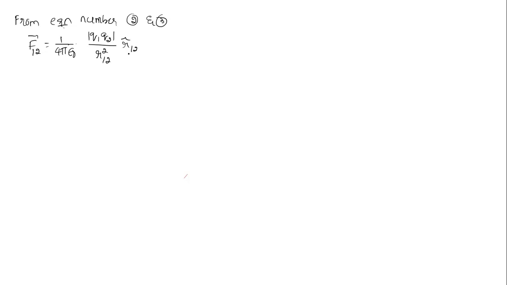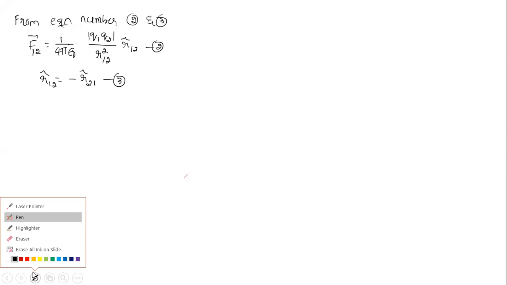So this is equation number 2. Equation number 3 is what now? R12 cap equal to minus R21 cap. Equation number 3. Now what I'll do is insert the values.